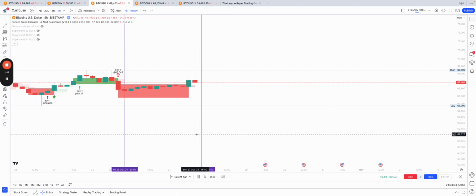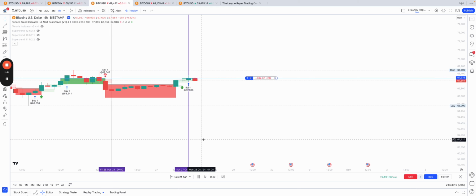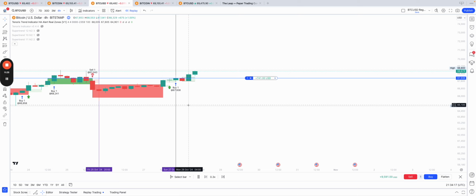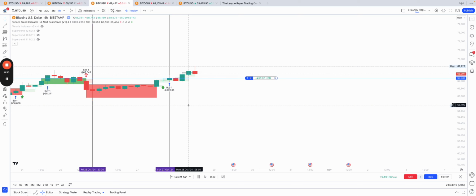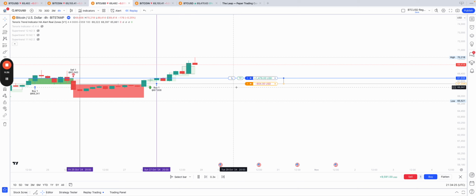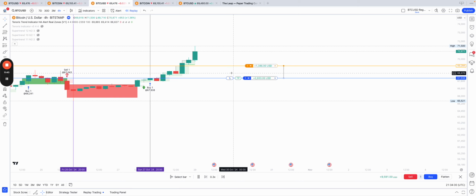Okay, so here's Monday or Sunday afternoon. I often find that direction can pick the direction for the first several days. So we're going to go long here. We have our long entry here. It's a stop loss behind all this stuff. Move it up.